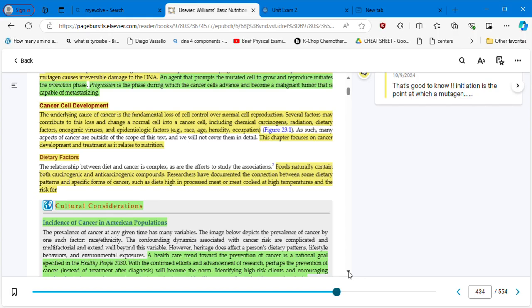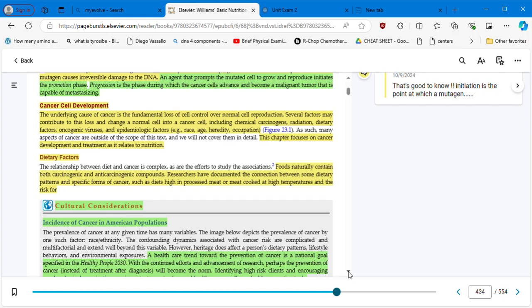Okay, so let's repeat. Loss and change a normal cell into a cancer cell, including chemical carcinogens. It could be the carrageenan, right, that we mentioned in the first lectures, that is an ingredient included in different canned food, like regular canned milk.